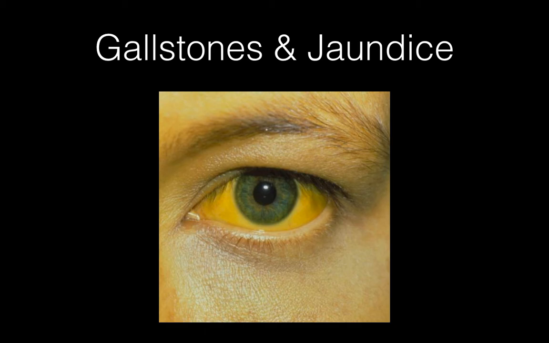Gallstones and jaundice. Gallstones in children with sickle cell disease are the result of elevated bilirubin excretion due to the increased hemolysis. Gallstones are found in about 30 to 50% of children with sickle cell anemia. They may be symptomatic or asymptomatic.